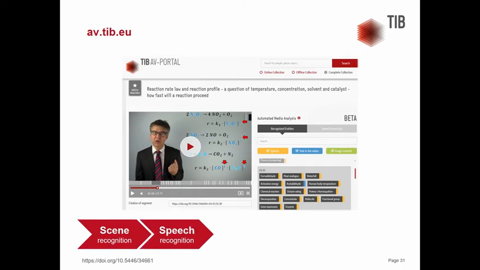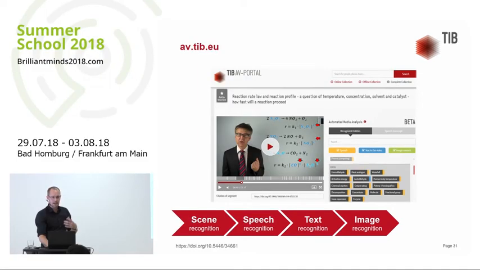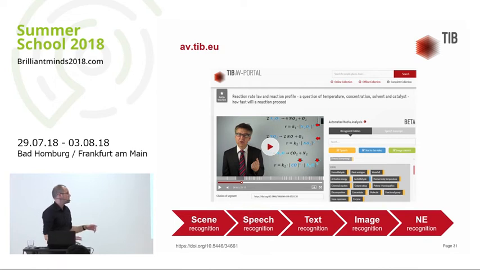You have a speech recognition, a text recognition, and an image recognition, so that you can search within the spoken text, within the text that is in the video, and for some image concepts, for example a conference or a talk. And in the end you have a named entity recognition, so that whole process chain happens automatically, and you can search for these images.